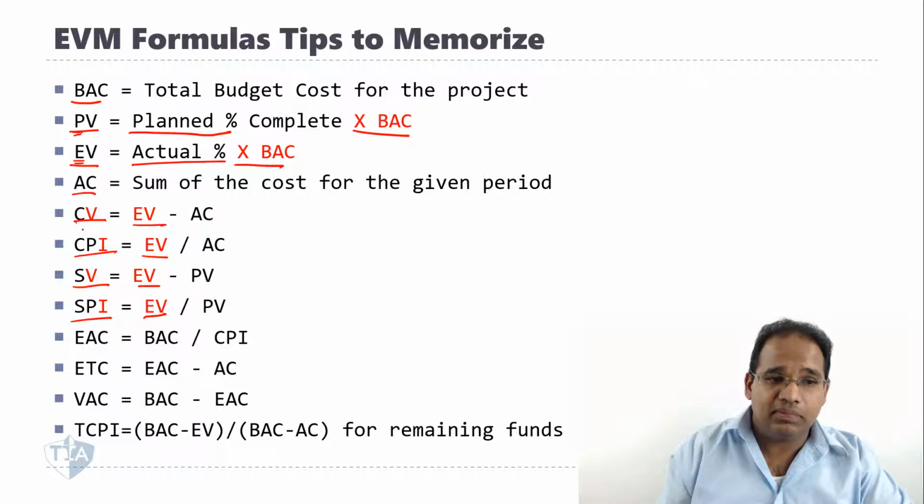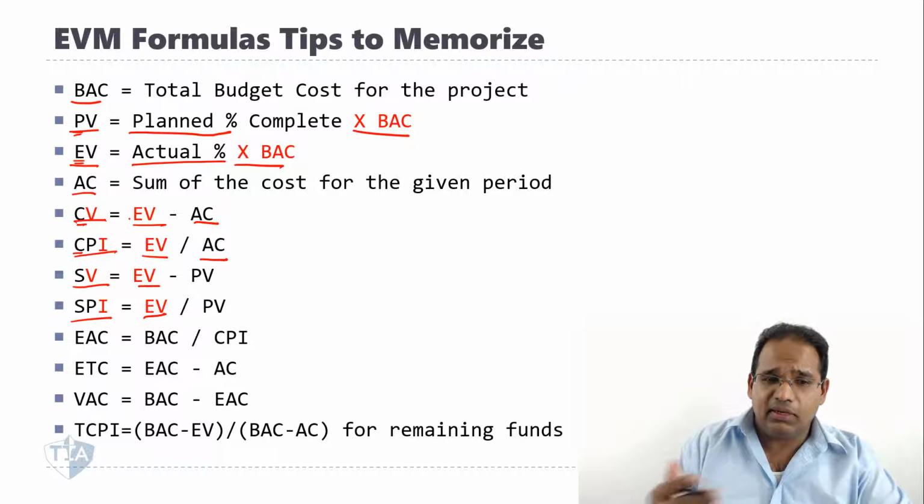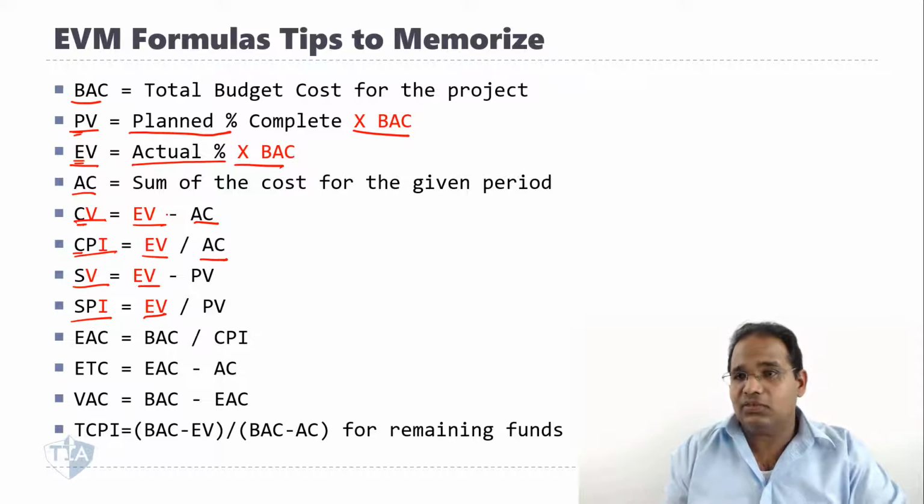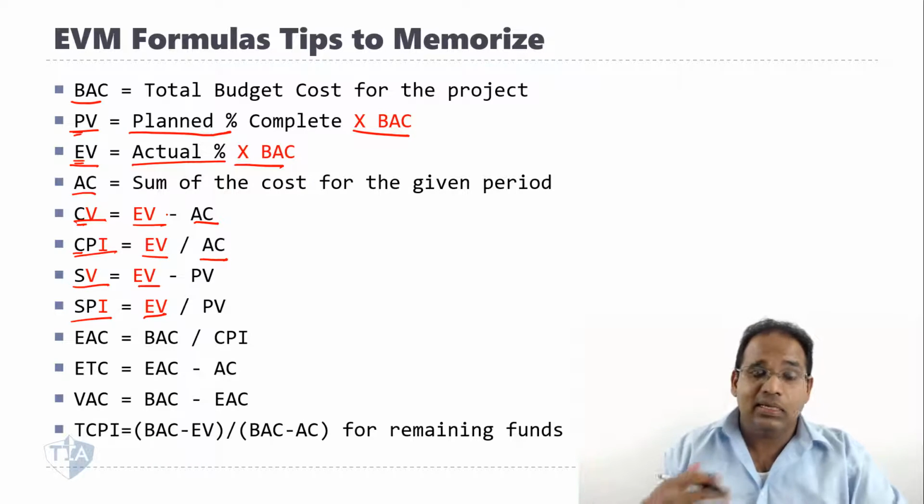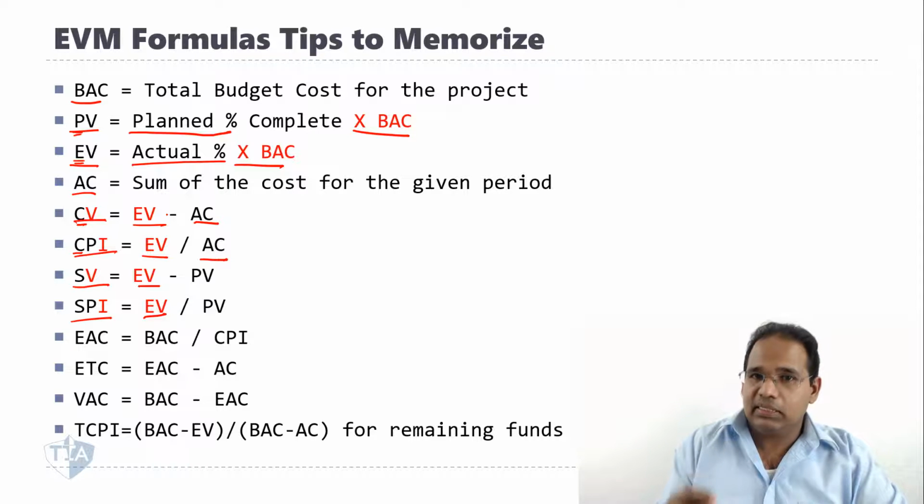Here's another tip now. Notice CV and CPI deal with costs, so that's actual costs. CV and CPI use the same numbers, one divided and one subtracted. So CV is EV minus the cost, AC. CPI is EV divided by the same number, AC. That deals with cost. Now the schedule deals with the work that should have been done.